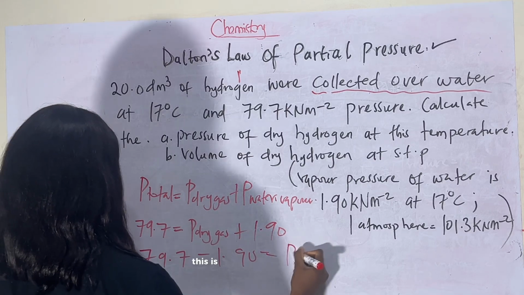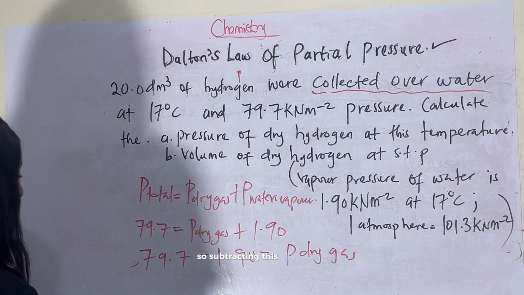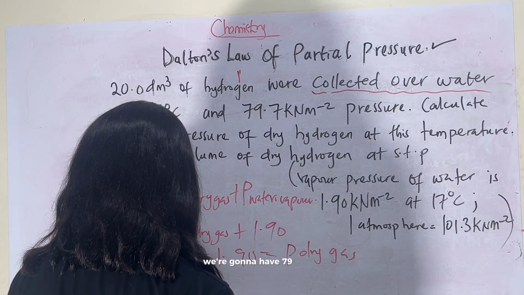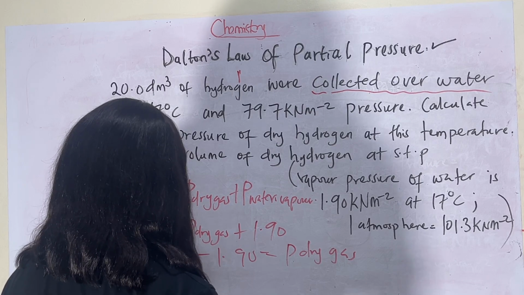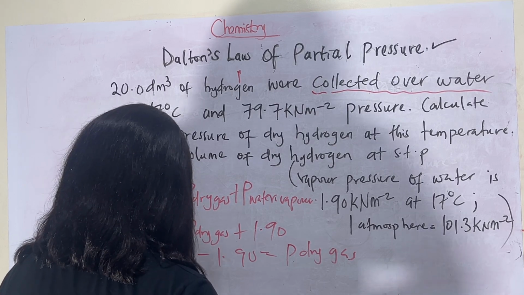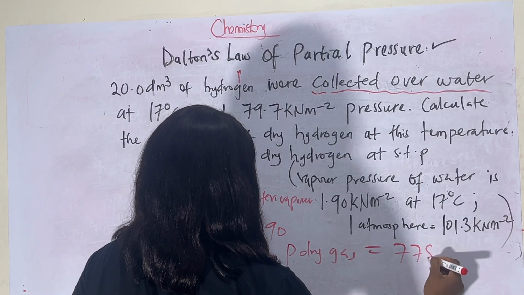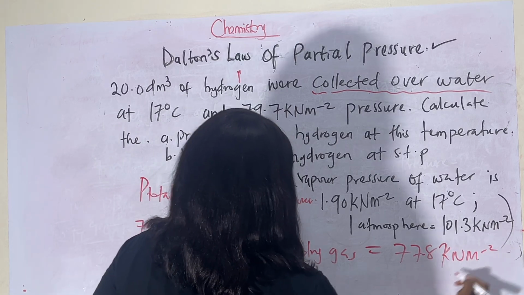Subtracting this from this gives us 77.8. So the answer, the pressure of dry gas, is 77.8 kilonewton per meter square.